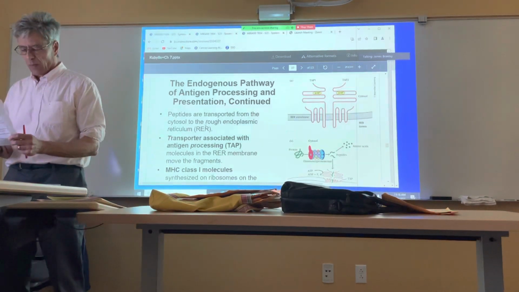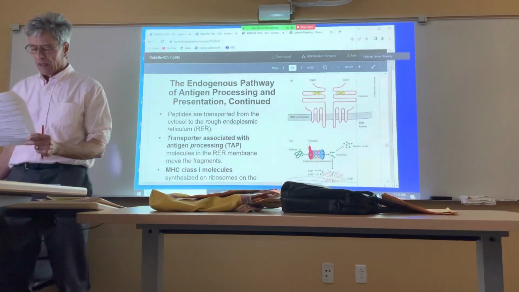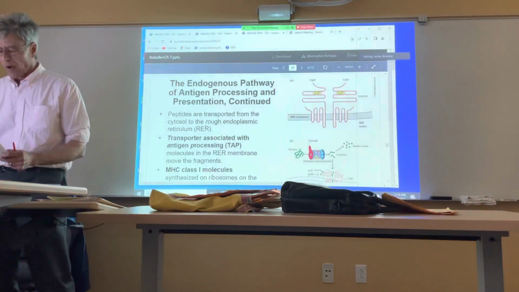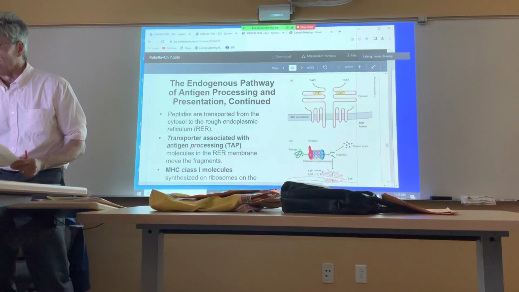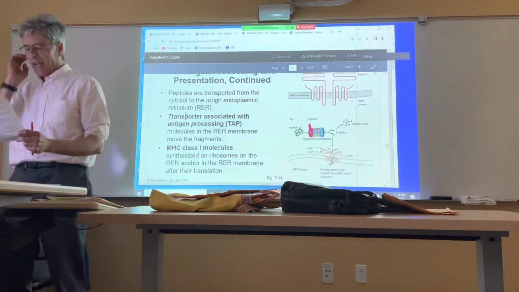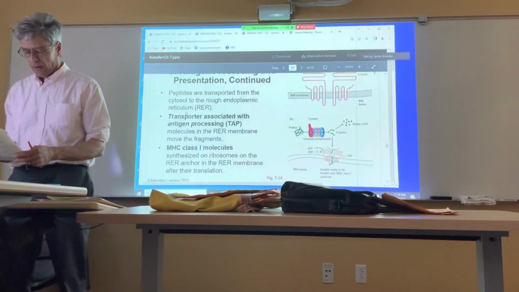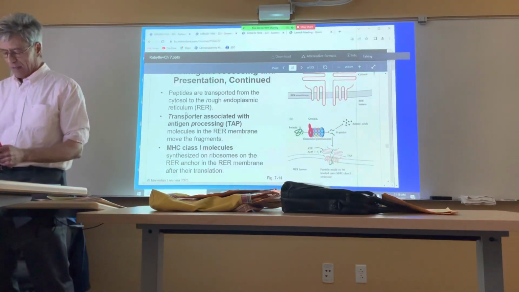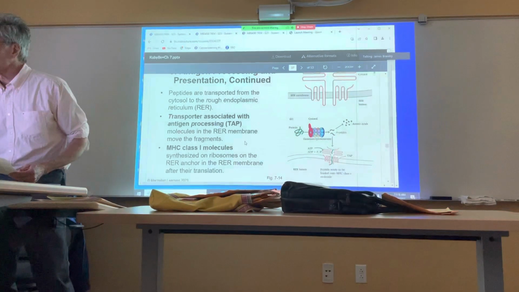So this is transport from the cytosol to the rough ER where class 1 is made. ATP is required for this. The TAP genes are also in the MHC region. TAP has some specificity for the right size peptides with an anchor in place. So that was an important advance in antigen processing.